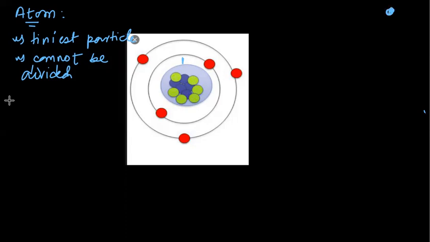Whenever we talk about the structure of atom, what are basically the things which are making an atom? For that, we use the word fundamental particles. The particles which are constituting an atom are known as the fundamental particles.